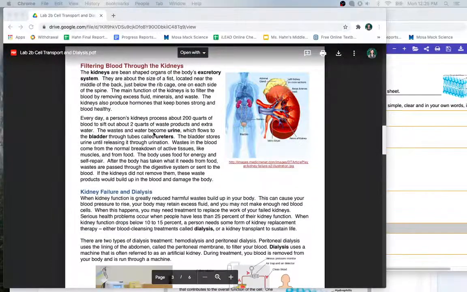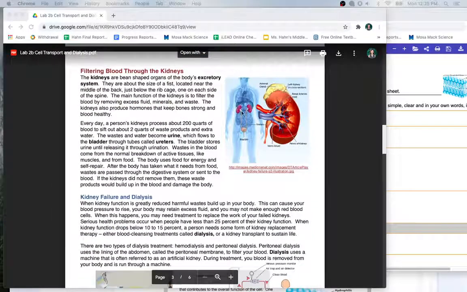Now the kidneys are really important. They're on the back side of your body, so it looks like they're in the front, but they're toward the back, behind your front organs, your intestines and things like that. And they're important for filtering waste.